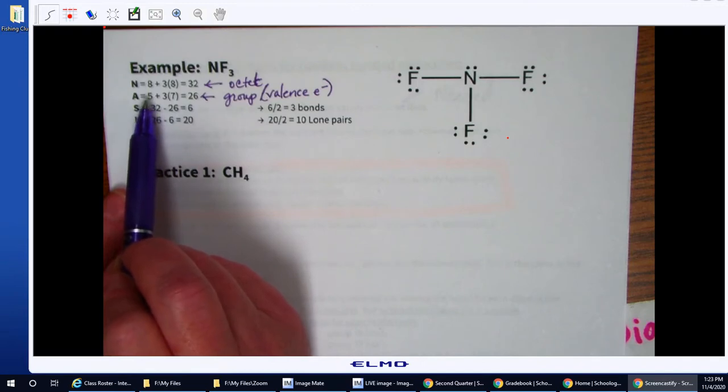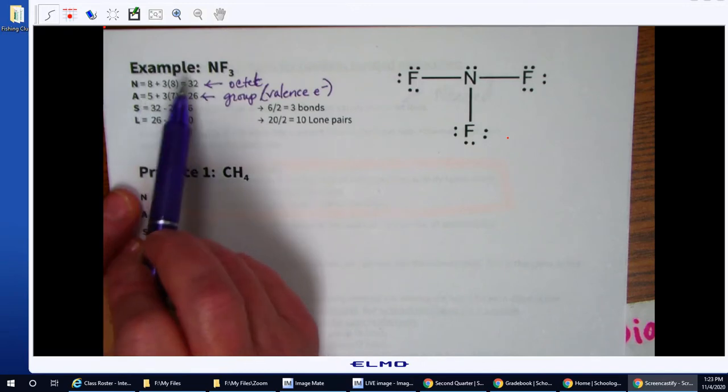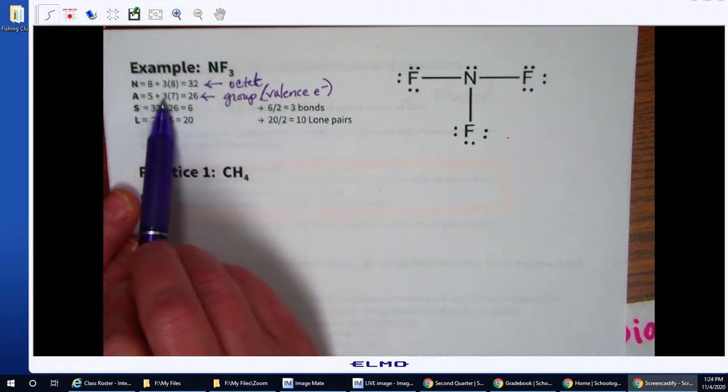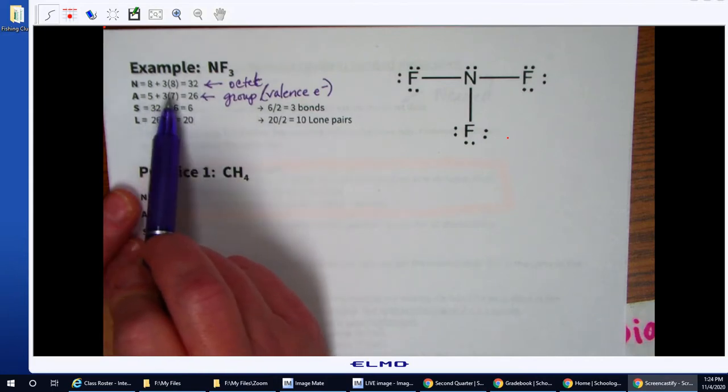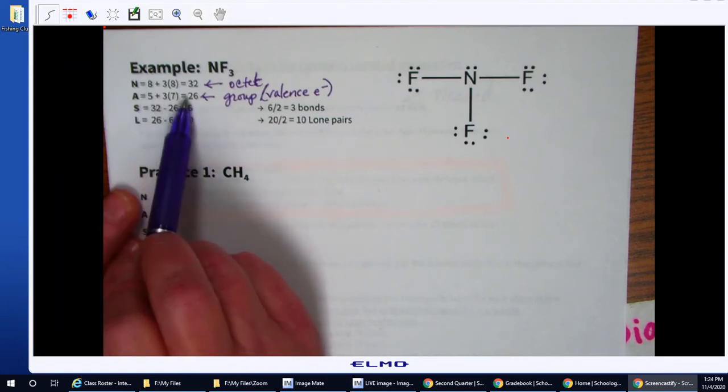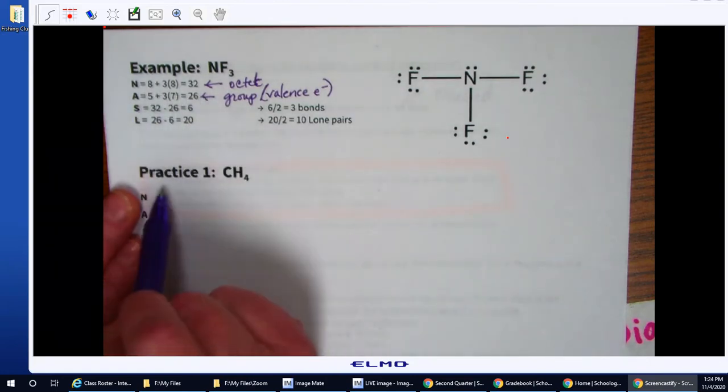There are 5 valence electrons according to the group number for nitrogen. It's in group 15, which means it has 5 valence electrons. There are 3 atoms of fluorine, and fluorine is in group 17, so it has 7 valence electrons. So 3 times 7 is 21, plus 5 is 26.